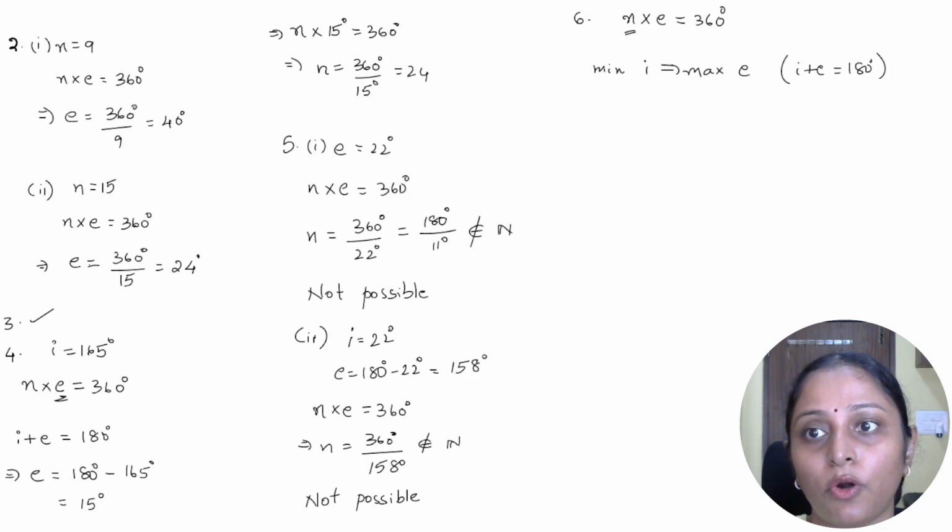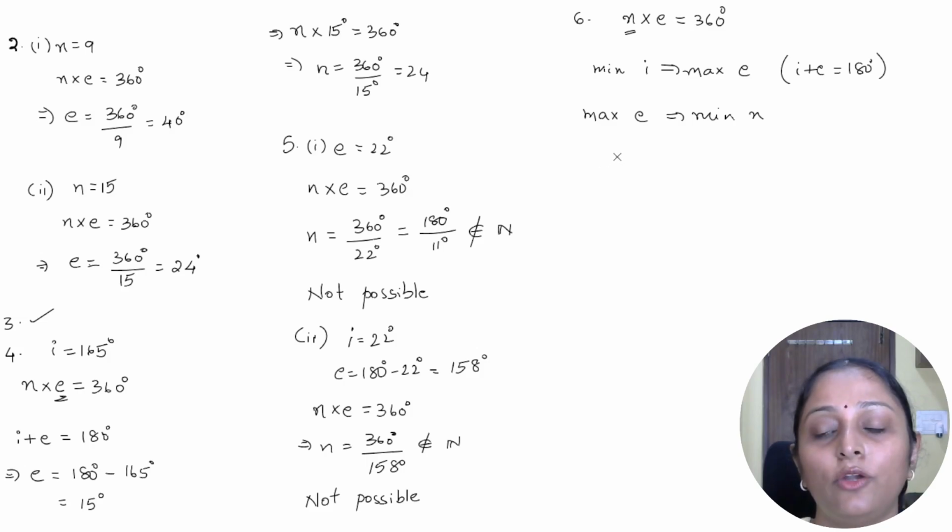Now looking at this product here, when the product has to be constant, if I have to maximize the exterior angle, I have to minimize n, right? And you know that the least number of sides required to form a polygon is 3, okay? So minimum n is equal to 3, right?